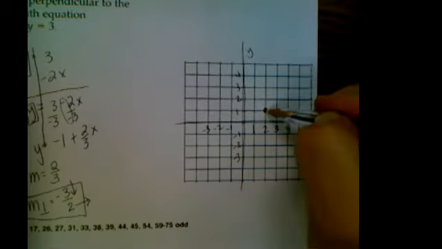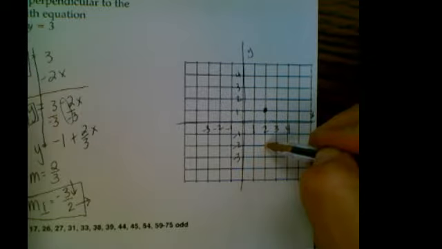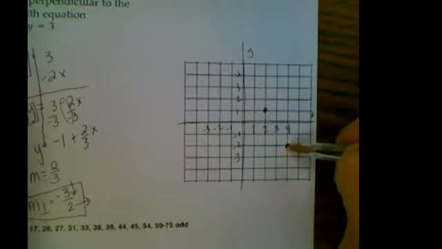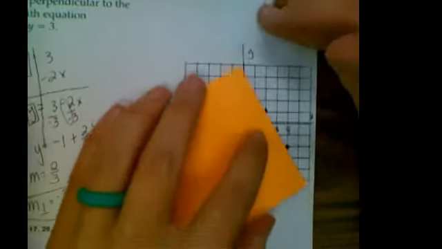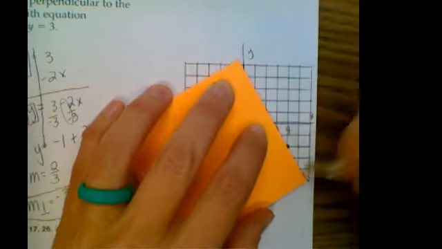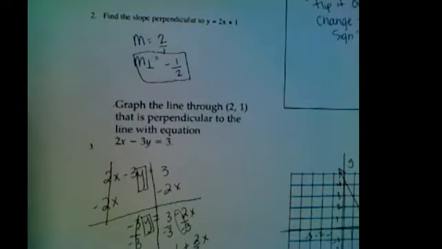So from this point, I'm going to go down 3, 1, 2, 3, and I'm going to go right 2, 1, 2, and I'm going to put a dot. Okay, and when I connect those, that gives me a line that is perpendicular to this equation, and it goes through that point.